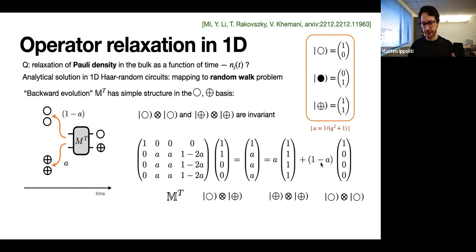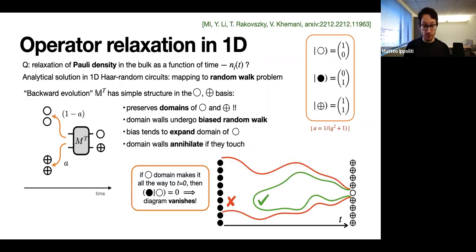So again, 1/5 and 4/5 for qubits, for instance. So this describes a biased random walk of this domain wall. And the bias tends to expand the domain of identities. So we start out from this configuration where there are two domain walls that are neighboring each other, and they will tend to walk away from each other.